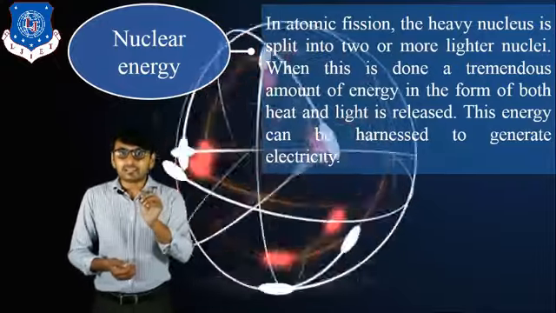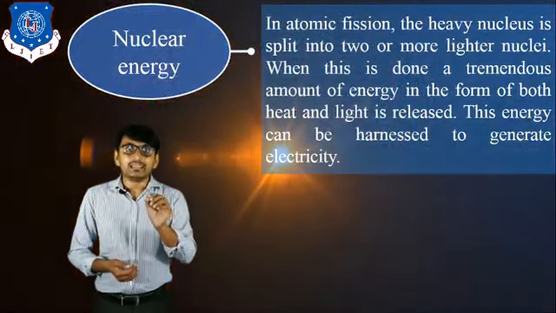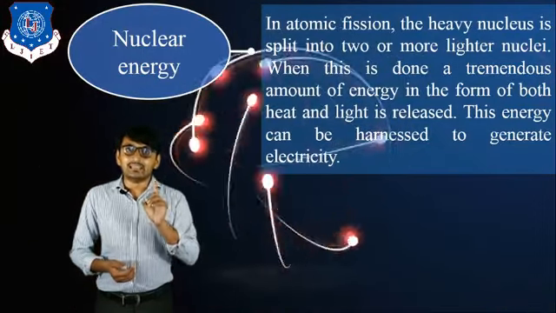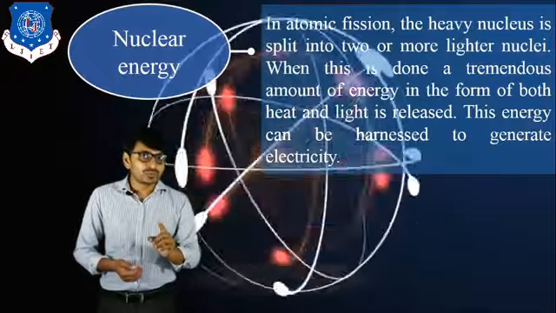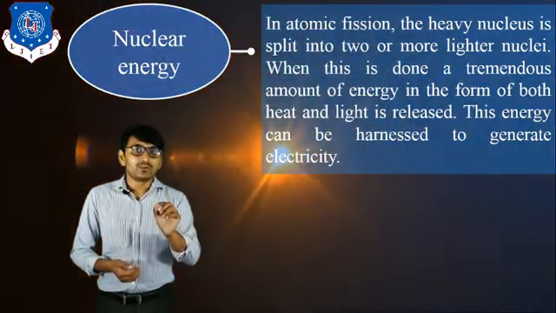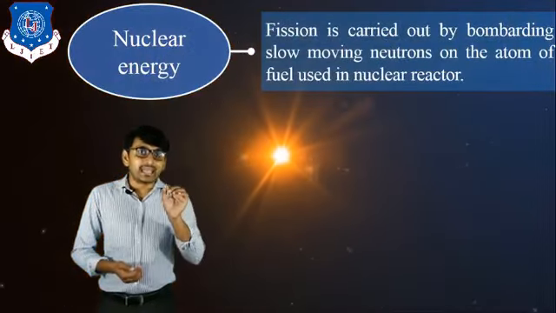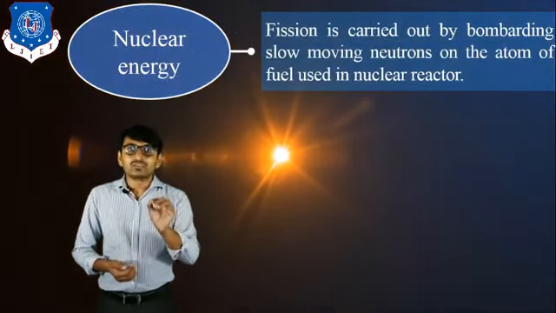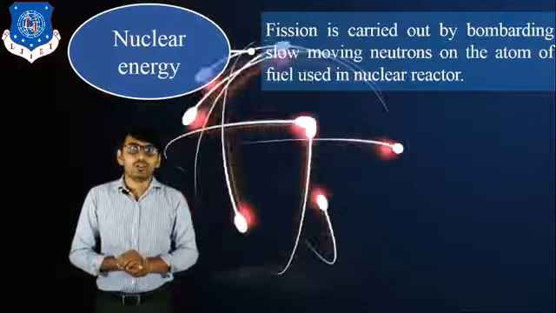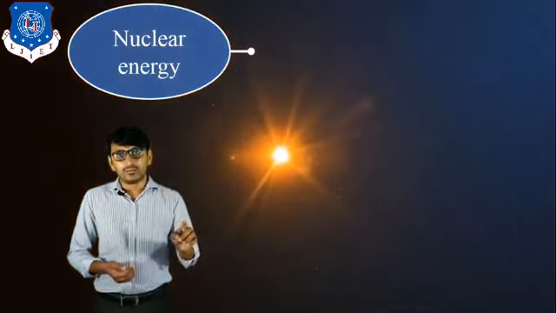When this process is carried out, a tremendous amount of energy in the form of both heat and light is released, and this energy can be used to produce steam, and this steam is utilized to produce electricity in the power plant. Fission is carried out by bombarding slow moving neutrons on the atoms of fuel used in the nuclear reactor, which is uranium, thorium, plutonium.